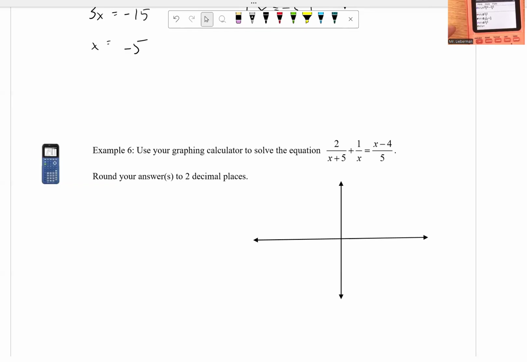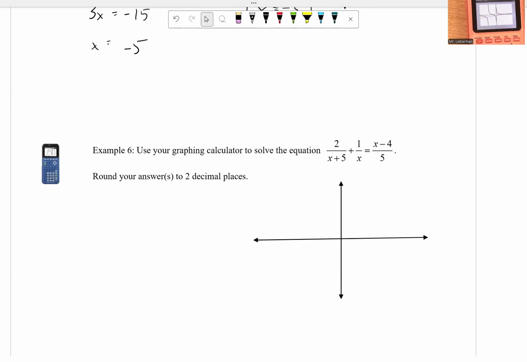I'm going to unhighlight it because I don't want to see it. I go to the equal sign and hit enter. If I hit it again, it's no longer highlighted. So now when I graph them, Y1 is not graphed, Y2 is not graphed. It goes right to Y3, and there's Y4.